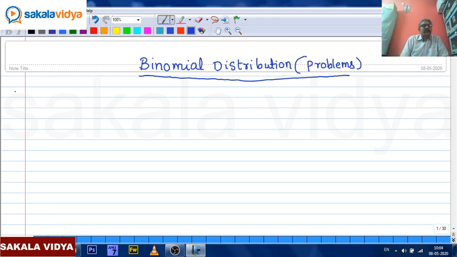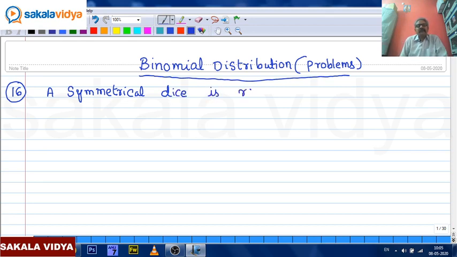Now the 16th problem. A symmetrical die, or generally dice also we can say. Dice is the plural. Is rolled or thrown, both are the same. Is rolled 720 times.